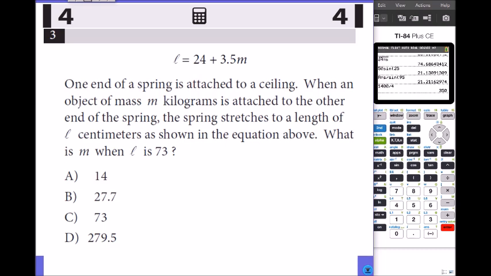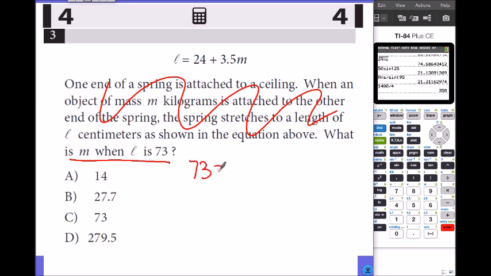C. One end of the spring is attached to a ceiling. When an object of mass M kilograms is attached to the other end, the spring stretches to a length of L centimeters as shown in the equation above. What is M when L is 73? So actually you don't have to really understand what they're saying previously because they gave you an equation and what to find. Find M when L is 73.